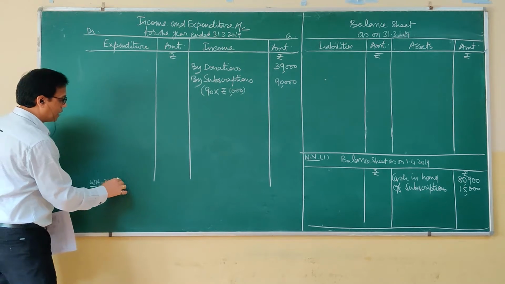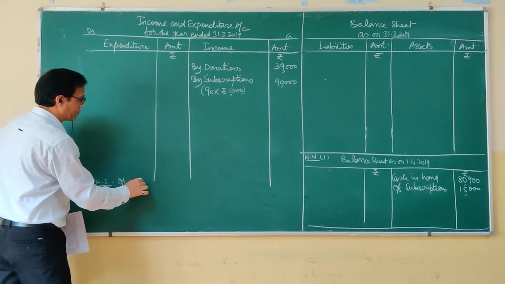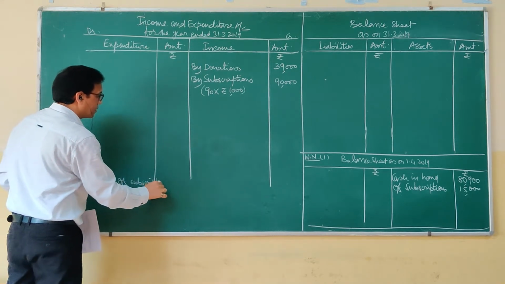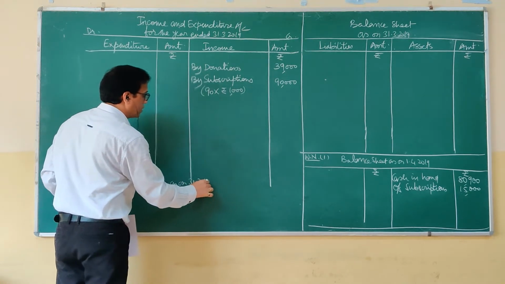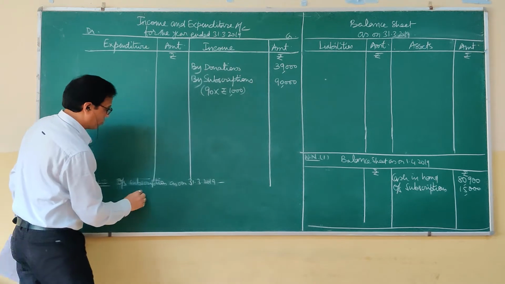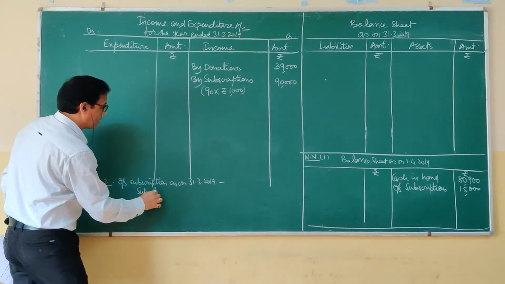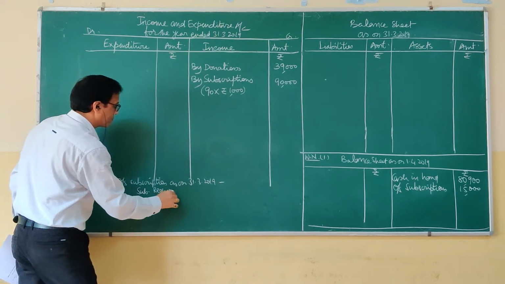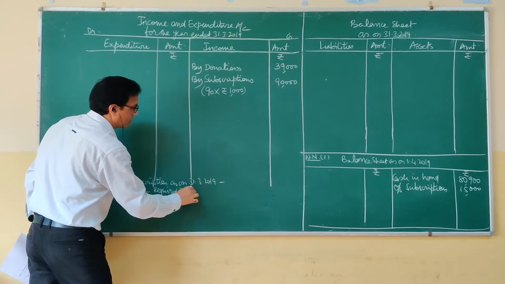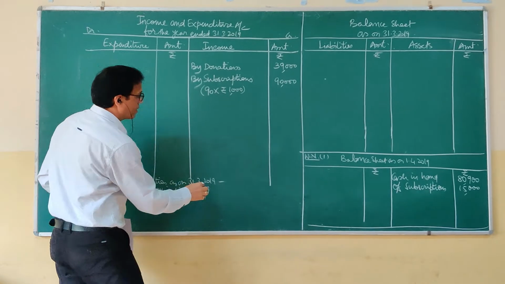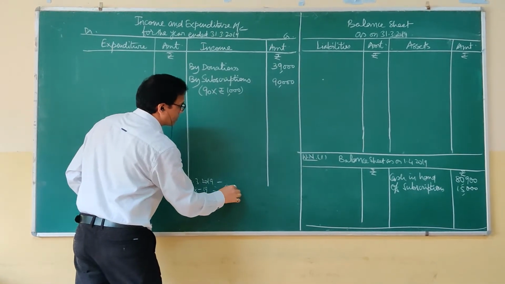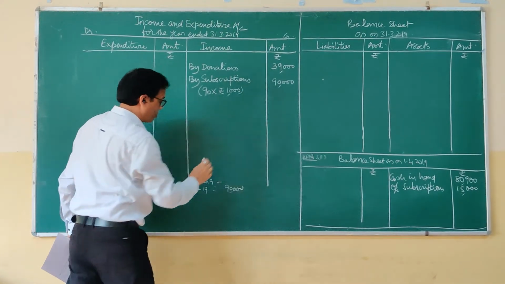Number 2, outstanding subscription as on 31st March 2019. So subscription required in 2018-19, the current year, we require 90,000 rupees. This is clear to us from here.